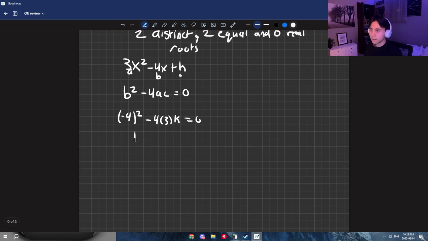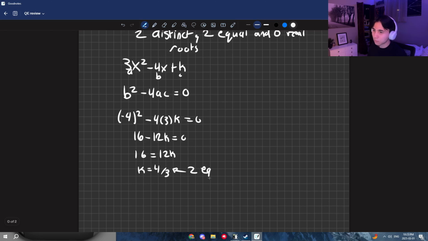And we get 16 minus 12k is equal to 0, so 16 equals 12k, and you get k is equal to 4 over 3. So when k is exactly 4 over 3, that means we're going to have two equal solutions, or in other words, one solution.